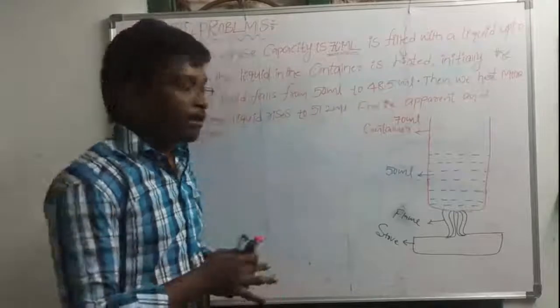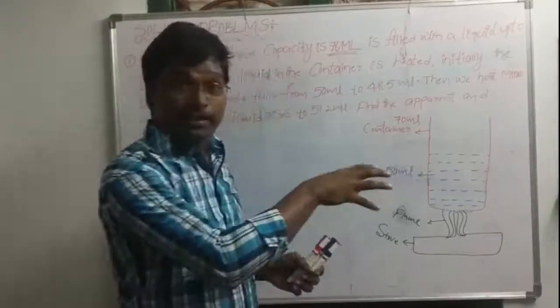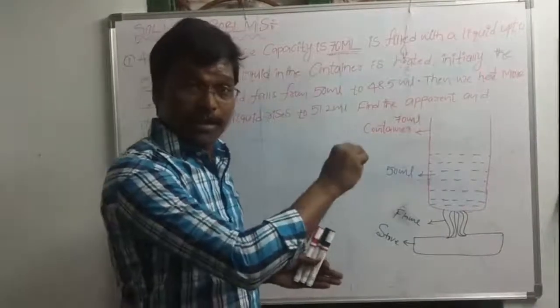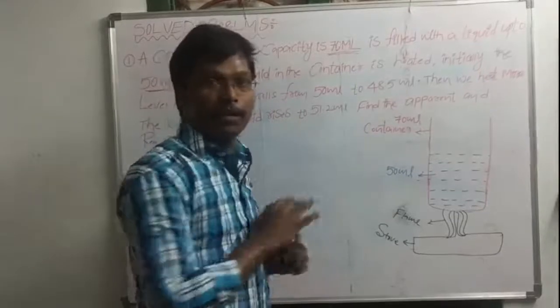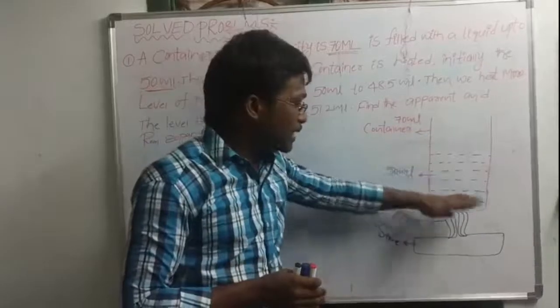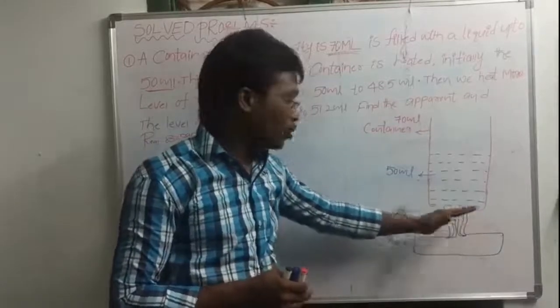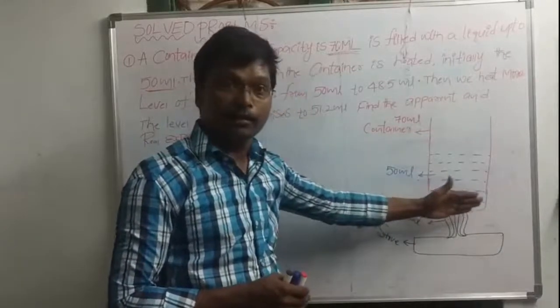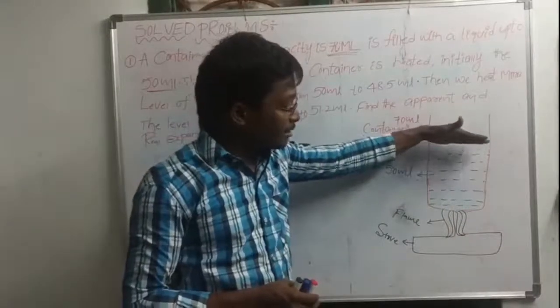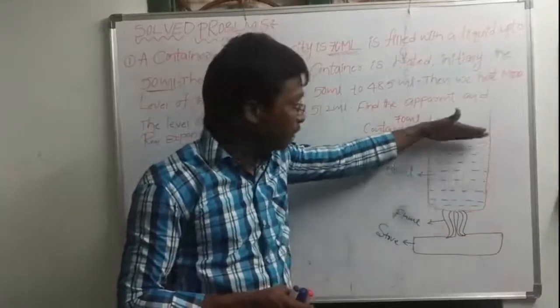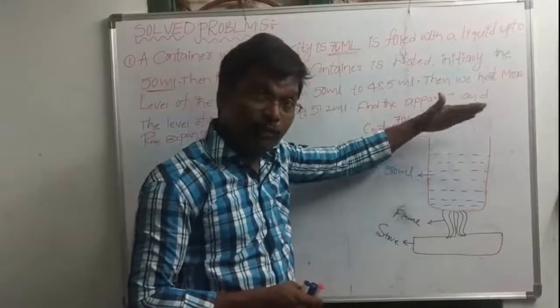That means whenever you start heating the container, that means you are giving heat energy to the container, what will happen? The level of the liquid will first fall. The level of the liquid will go down.